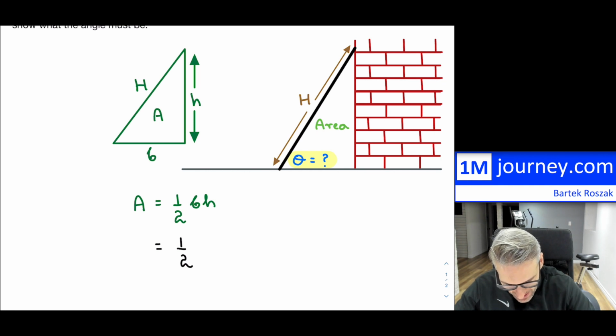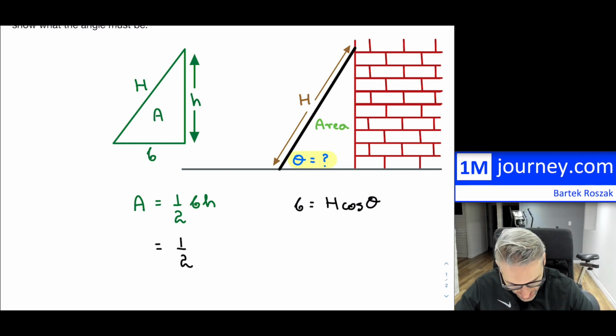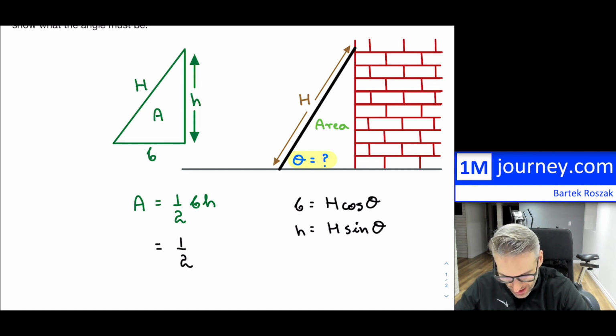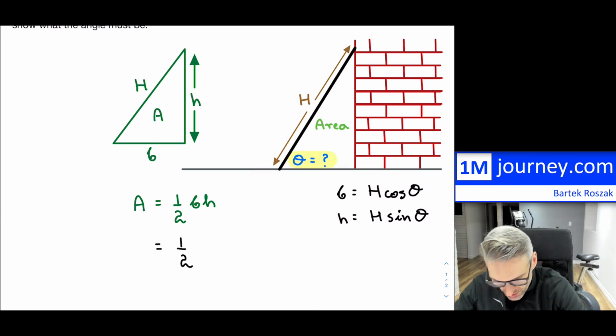So that base is nothing else but simply h multiplied by cos theta, right? That's just from our triangles and the definition of our angles. And then our height, h, is nothing else but h times sine theta. So we have those two, and once we have that information, I can simply substitute it back in here.